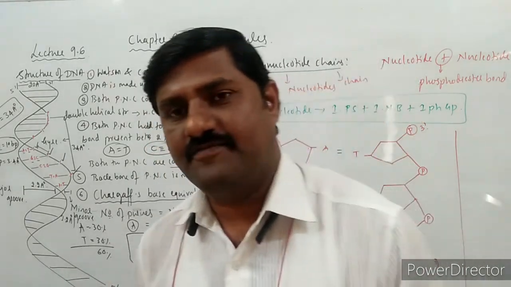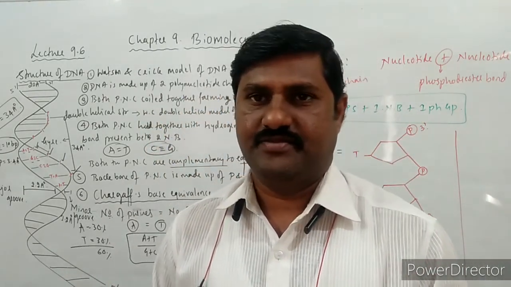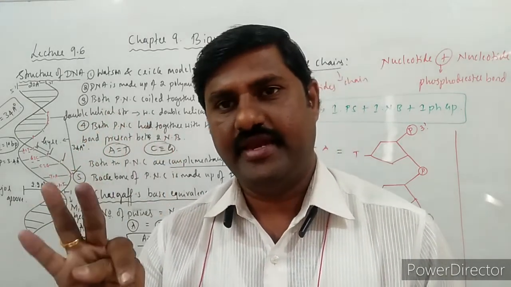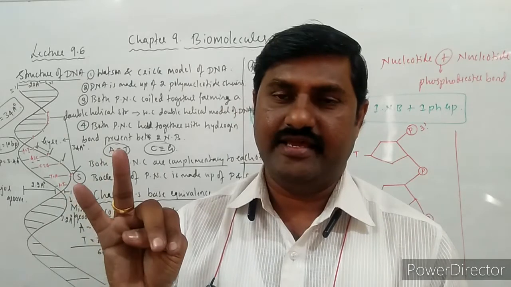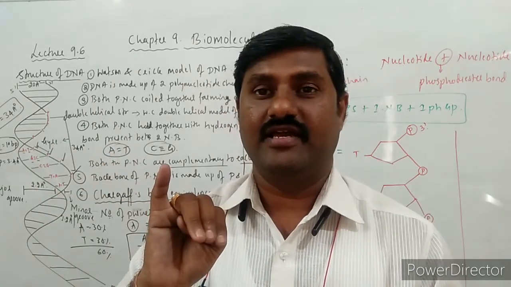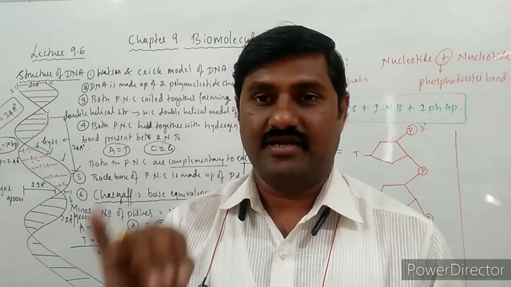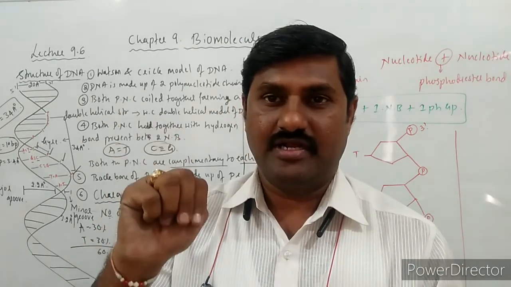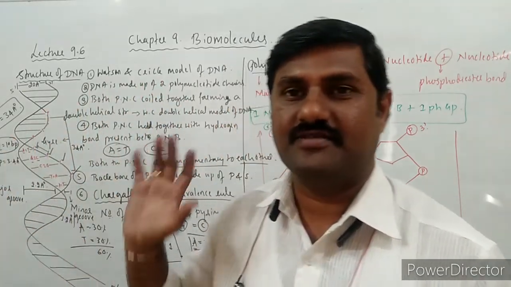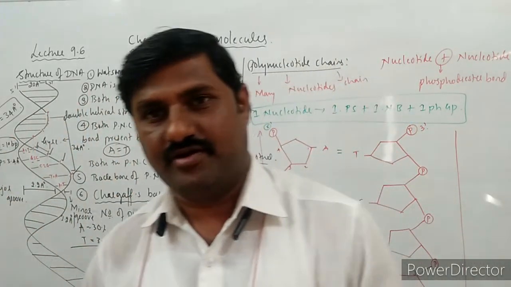So different types of DNAs I said. One is Z DNA that we have come across, B DNA, C DNA, and one more is circular DNA. Circular DNA, mitochondrial DNA, chloroplastic DNA, all these are different types of DNAs that we come across.